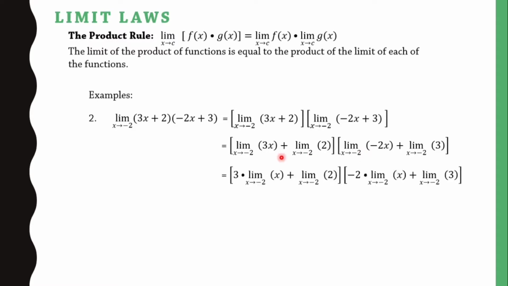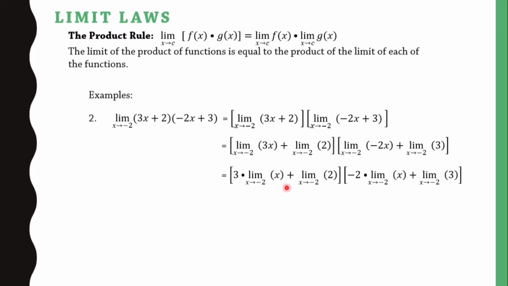So we break down 3x into 3 times the limit of x, plus the limit of 2 as x approaches negative 2, times negative 2x again could be broken down into negative 2 times the limit of x as x approaches negative 2 plus the limit of 3 as x approaches negative 2.